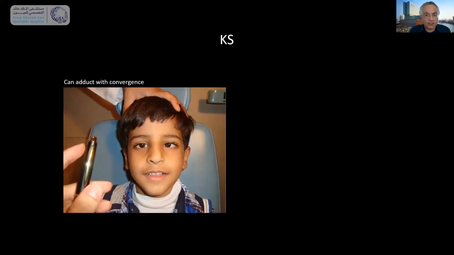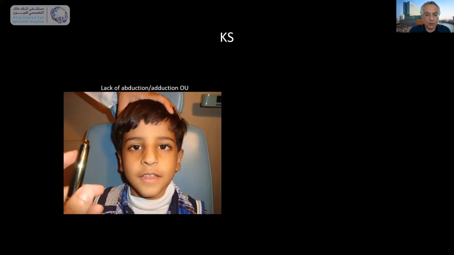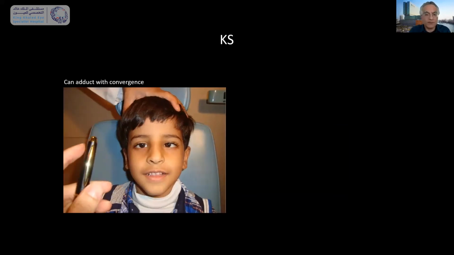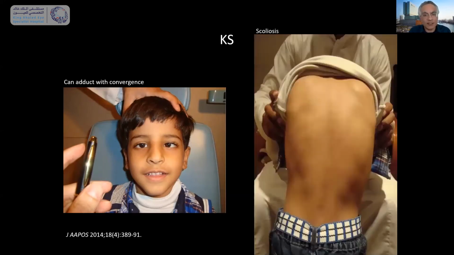He converges. He converges to use the adducting eye to cross-fixate. Once again, he's not looking at the pen. You really push him, he converges. You see that convergence? That doesn't happen in type 3 Duane syndrome. That's a sign you're dealing with ROBO3 mutation, and sure enough, he has, again, an undiagnosed scoliosis.